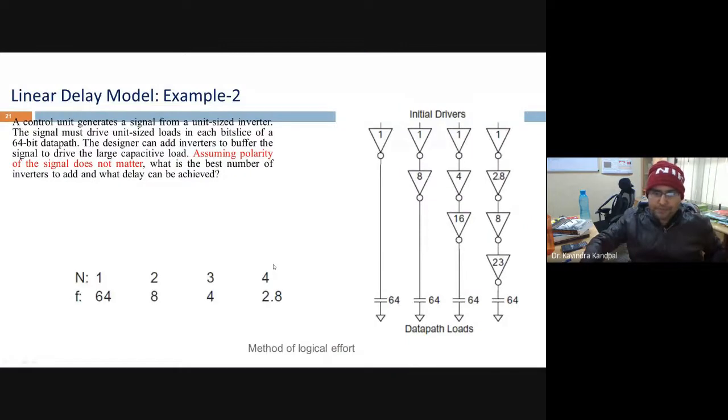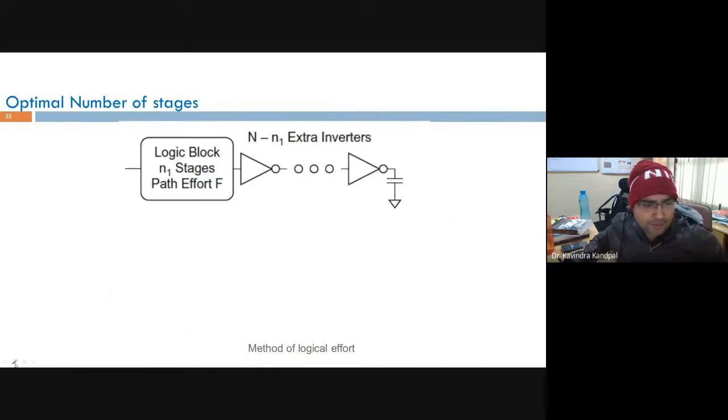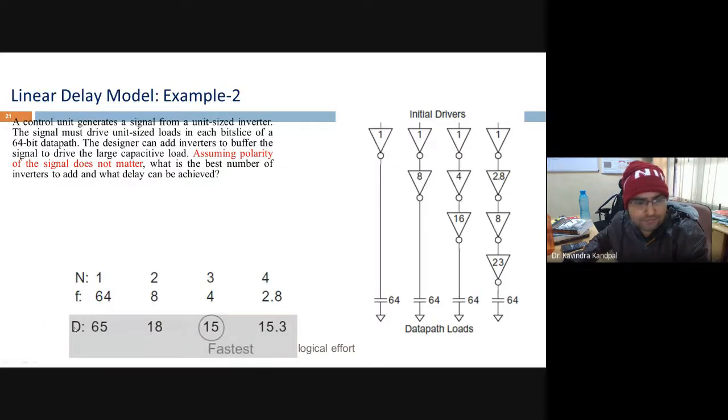If you calculate it, you will identify that this was my first, this was second, this was third, this was fourth. The third stage is giving you the optimal delay, which is 15.